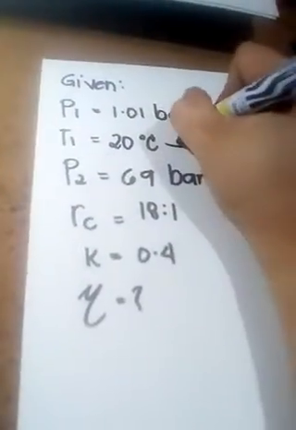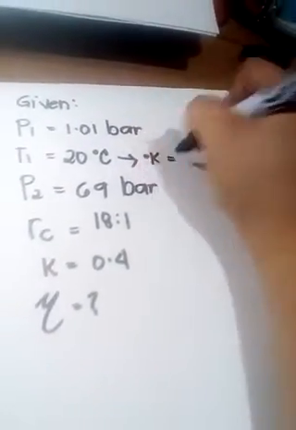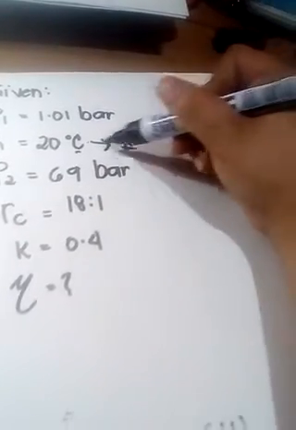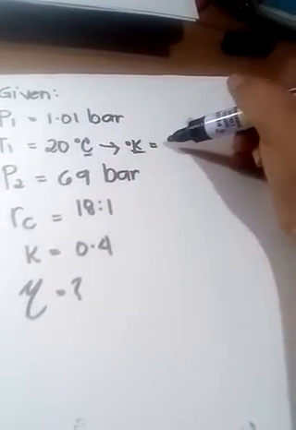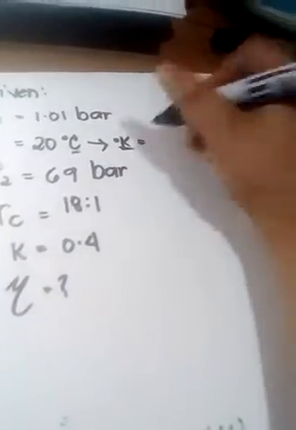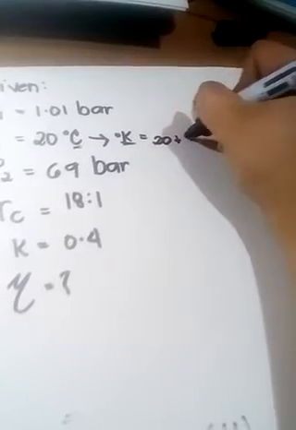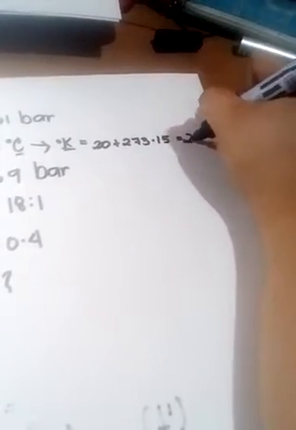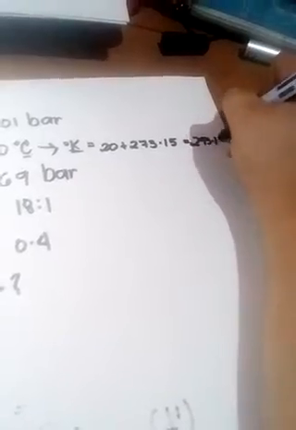So first, let's convert degrees Celsius into degrees Kelvin. We all know that in converting degrees Celsius into Kelvin, we add 273.15 to the given value in degrees Celsius. Therefore, 20 plus 273.15 is equal to 293.15 degrees Kelvin.